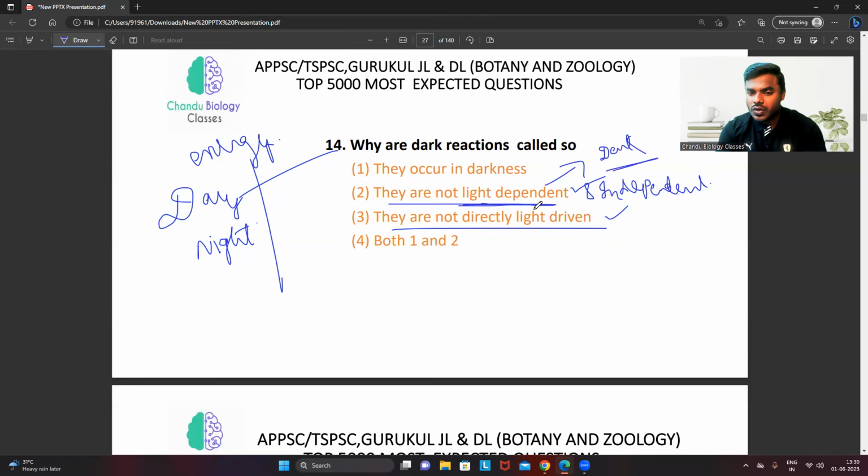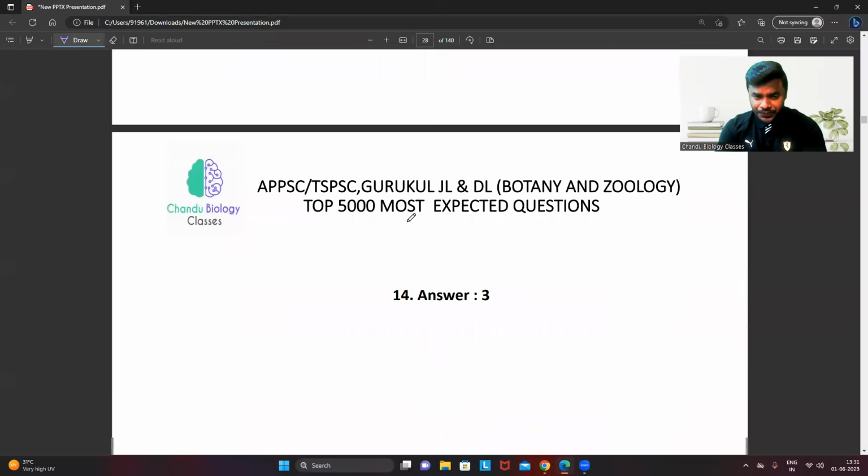So that is also a correct statement you have to remember. That's why it is a true statement, but not the most appropriate statement. They are not directly light driven. What do you mean by that? Option 2 is correct, I agree with all of you. But option 2 is not saying anything about the dark condition, because the dark reactions occur in the night time also. They are not directly light driven, which means whether light is present or absent, the reaction takes place compulsorily. Hence, the correct answer is 3.